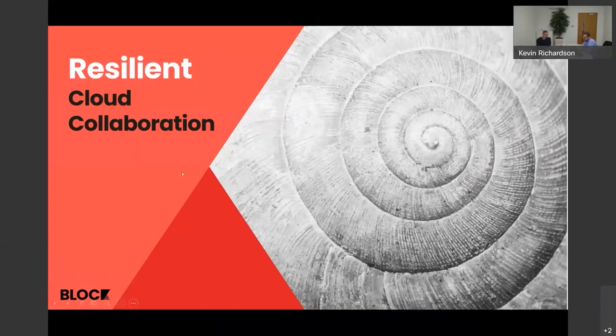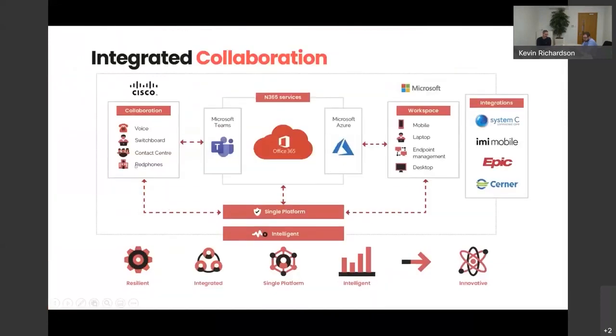Hope you're all well. Just before I move into the technology and resiliency pieces, back on this slide, this is the foundation for everything we're looking at in the future. We've looked at the very high-level service components and what integrated collaboration architecture means. I'll be taking the resiliency piece, as Shaun said.